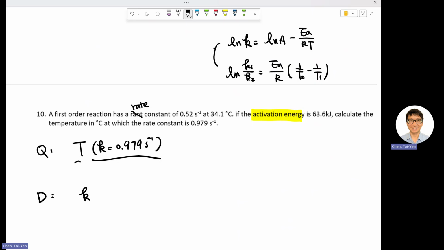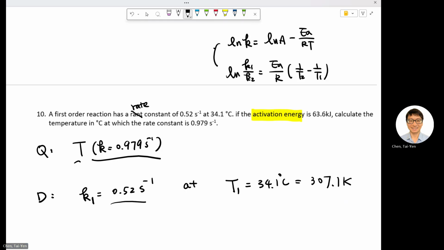You have a rate constant equal to 0.52 per second at temperature equals 34.1 degrees C, which is 273, that's 307.1 K, right? You know you have a rate constant of this value at that temperature. Let's put this as K1. This is your T1.